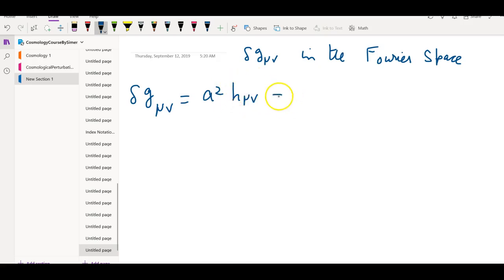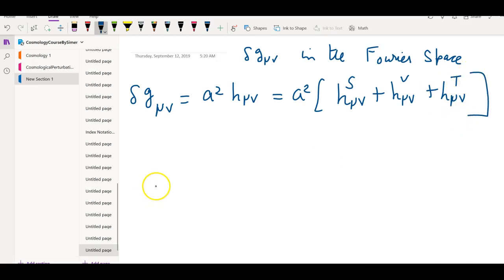I'm going to split h mu nu into the contribution that comes from the scalar components, plus the contribution from the vector components, plus the contribution from the tensor components. So I have split this h mu nu perturbation into 3 parts. Now let us write the scalar part first. What is h mu nu scalar? We have a, what is it?